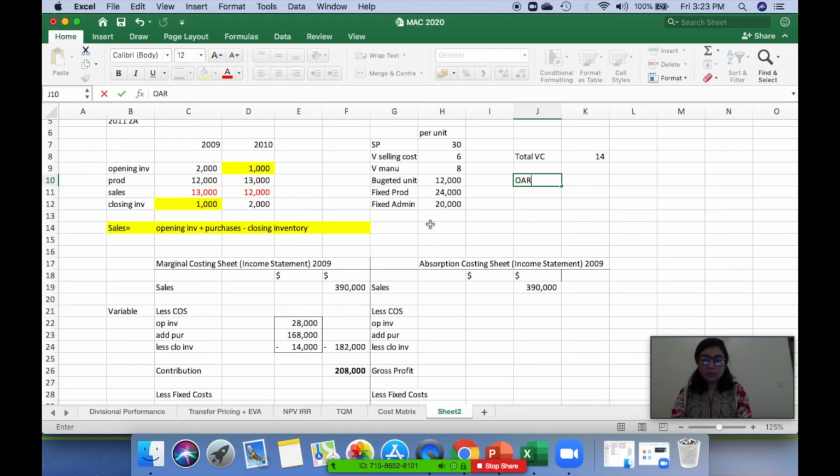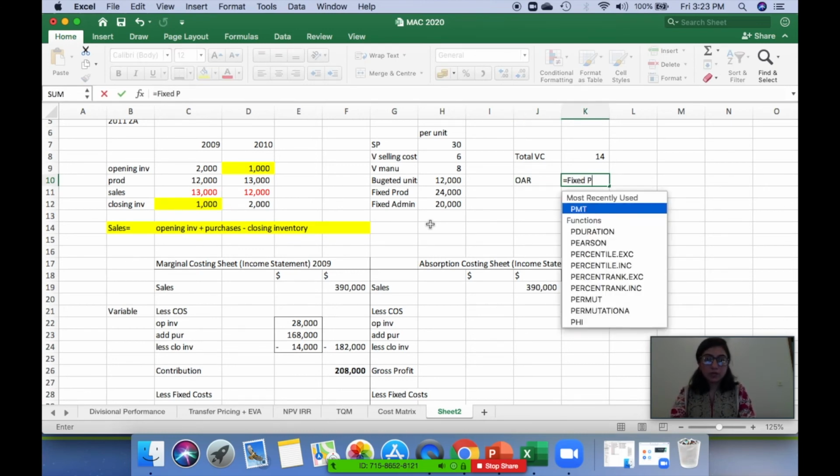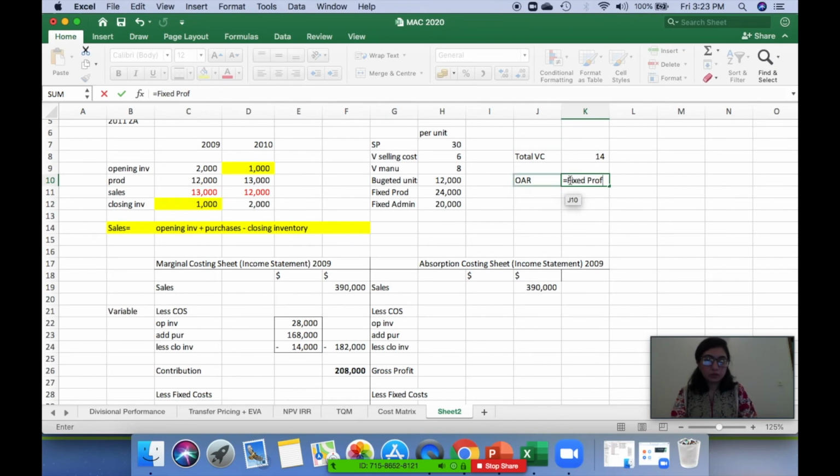So overhead absorption rate equals fixed production overheads divided by budgeted units. Excel starts giving you formulas if you write equal to.